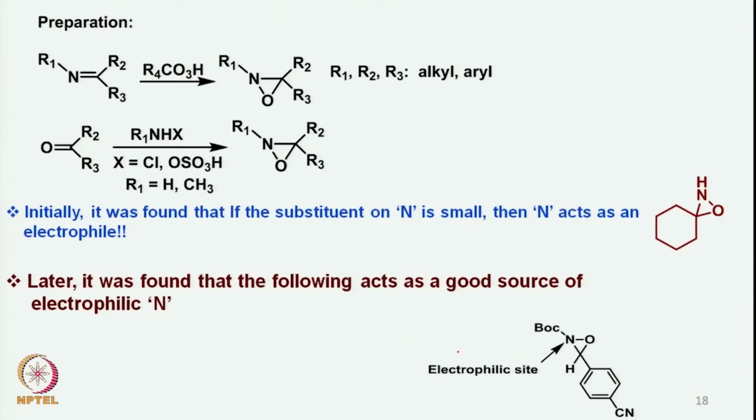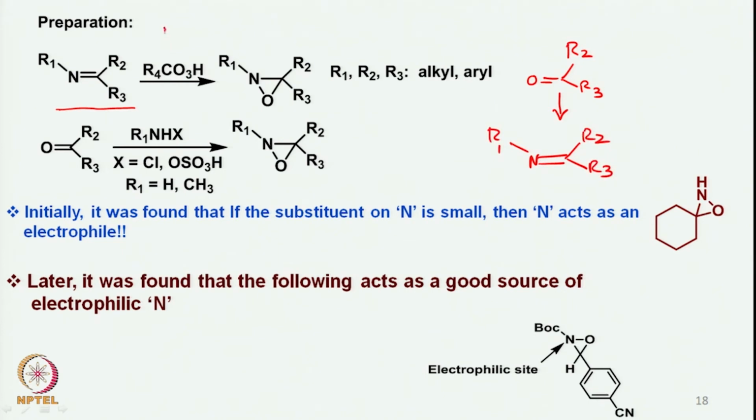How do we prepare these oxaziridines? There are several methods, but I have shown here two methods. One can start with an imine made from the corresponding ketone. So, if we start with the R2 R3 ketone here, we can prepare the corresponding imine easily, and we can then react it with any peracid.